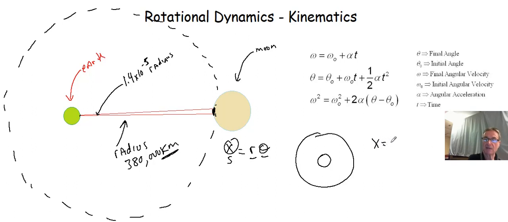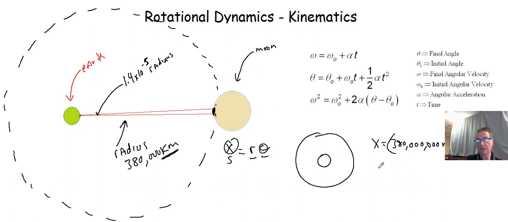So x is going to be equal to 380 million meters times the angle in radians, 1.4 times 10 to the minus fifth radians.